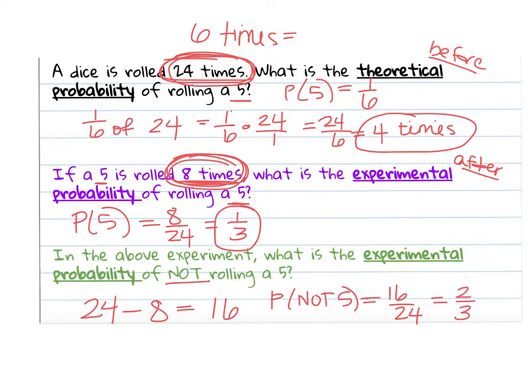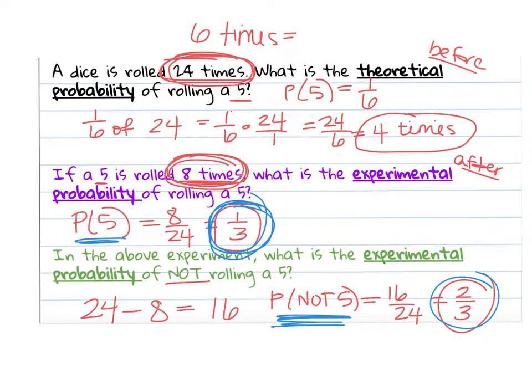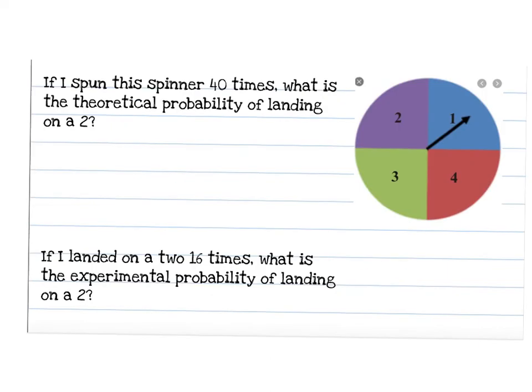So 2/3 of the time was not a 5. I also can see that 1/3 plus 2/3 should equal 1. So remember complement: probability of 5 and then probability of not 5. So I could have known right away that if probability of 5 is 1/3, then not 5 would have been 2/3, because these together equal 1.